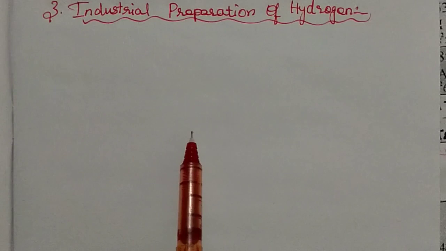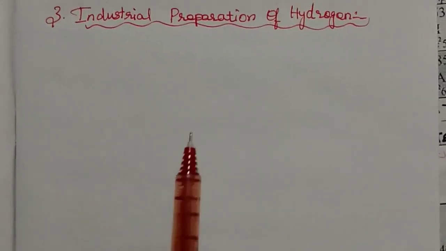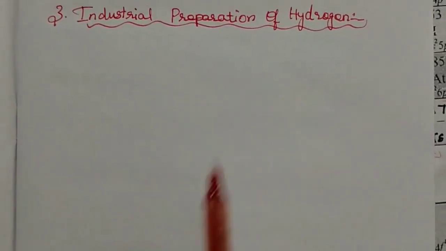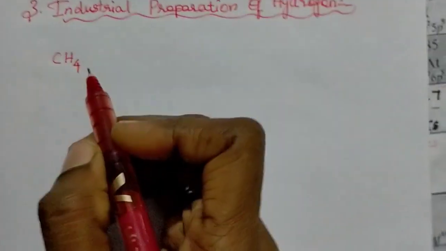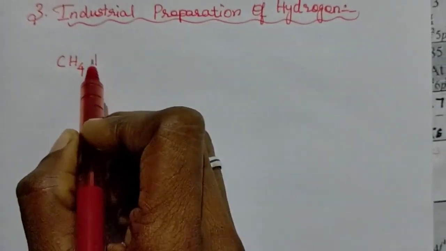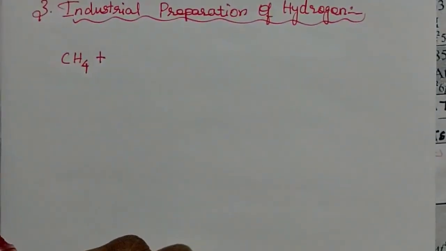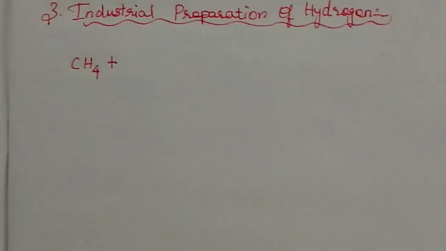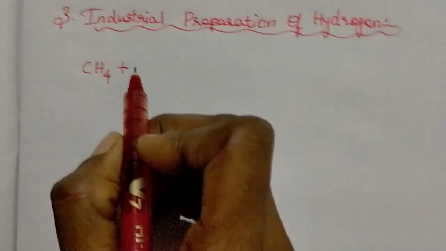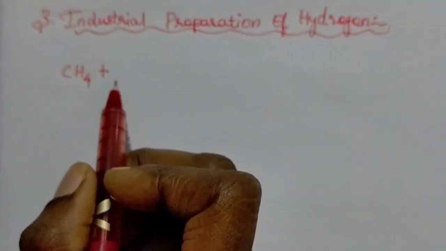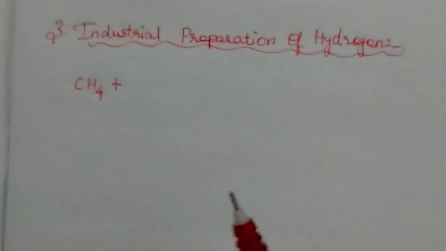In this method, we use hydrocarbons like methane. What is the formula of methane? CH4. So CH4 is treated with steam. Steam means what? It's hot water vapor.